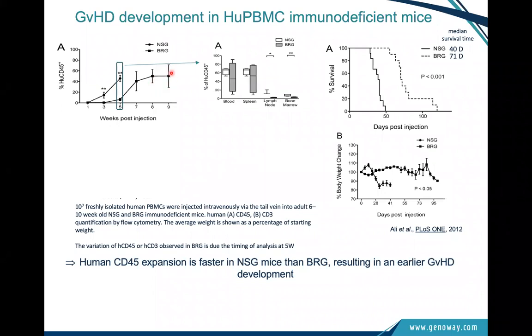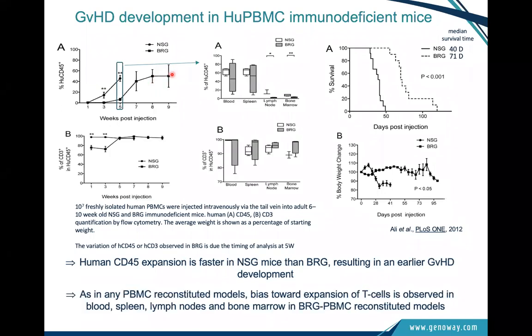When they look at the T cell expansion, they observe a bias toward T cells in the models as it is for the NSG, and they observe more variability in the BRG compared to the NSG.